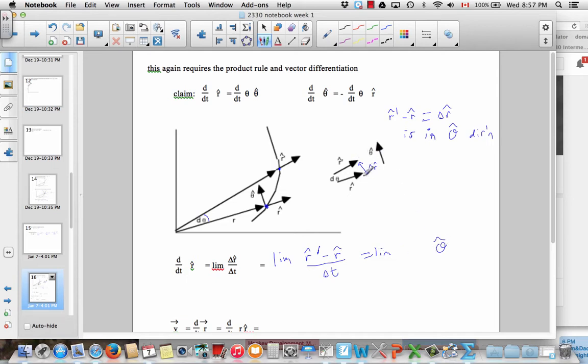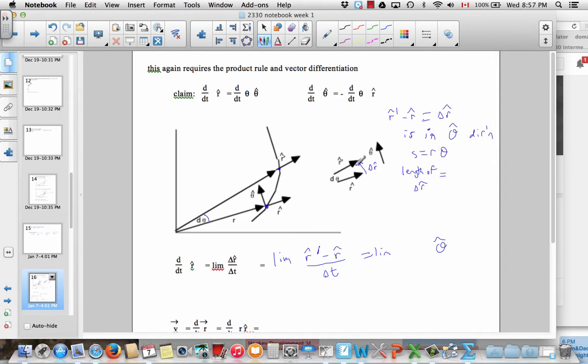And then how long is it? Well, this triangle is very small. This angle is very small, and so we can sort of imagine this as being like the little arc of a circle. And because arc length s is r theta, this is going to be the length of that vector delta r hat.